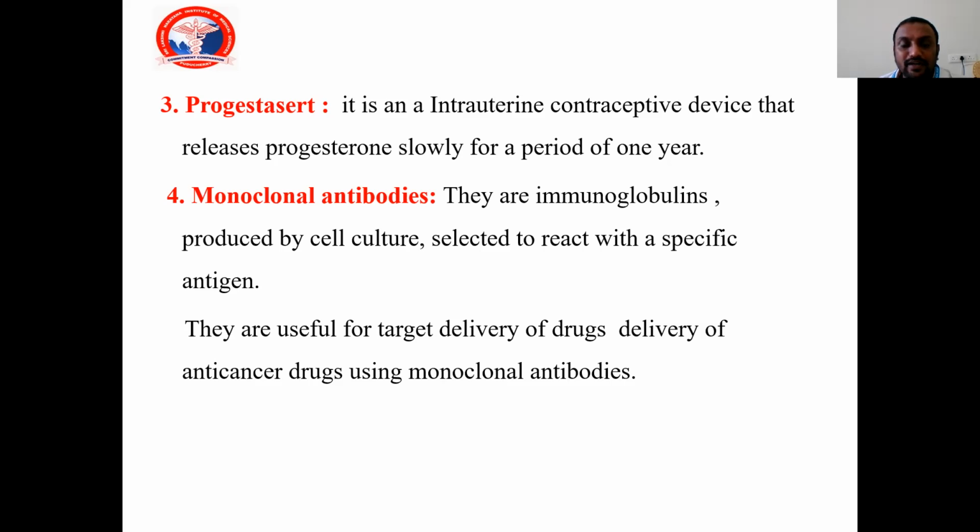Now coming to other drugs such as monoclonal antibodies. These are immunoglobulins which are produced by cell culture and selected to react with specific antigens. They are useful for targeted delivery of drugs, for example in anti-cancer therapy using monoclonal antibodies.